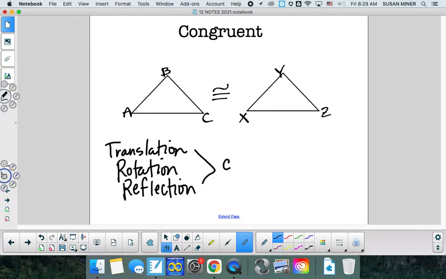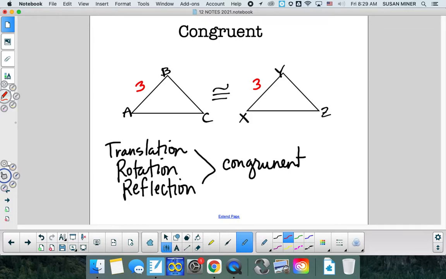They stay the same. And so if this side length were to be 3, then once I've performed my transformation, the side length is still 3, right? And so we have what are called congruent shapes when we perform these 3 types of transformations.